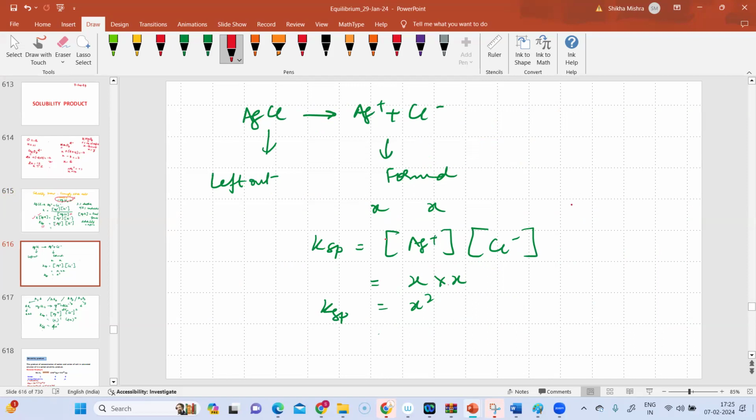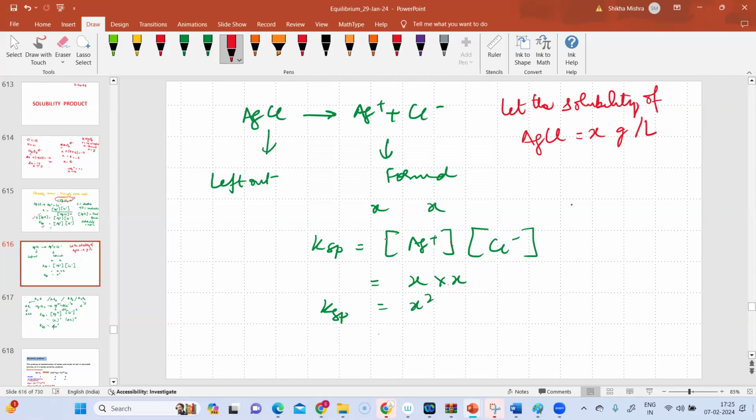Now, what is X here? It's upon your wish whether you want to take it as X or as S. So let the solubility of AgCl be equal to X grams per liter, right?